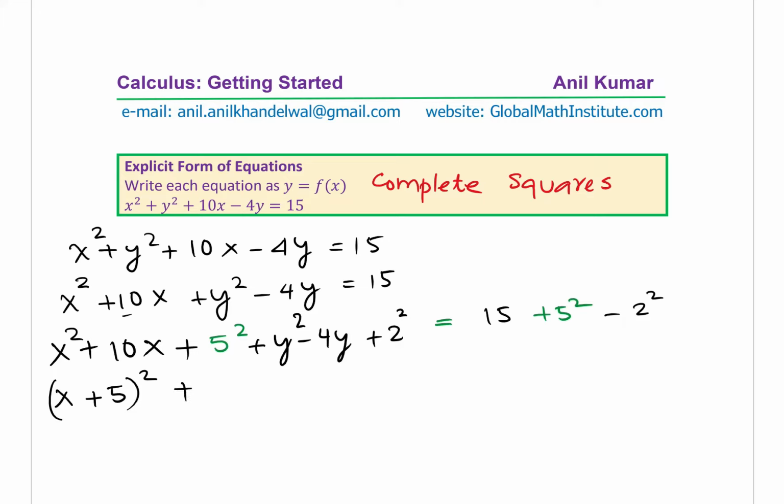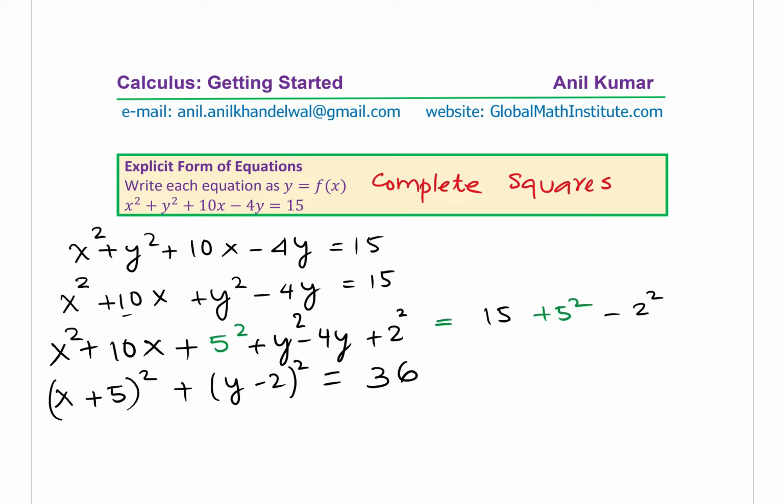Now that could be written as y minus 2 whole square equals to, we can now simplify these terms, which is 5 square is 25, adding 5 is 30, and 10 is 40, and 40 take away 4 is 36. So we get 36 on the right side.